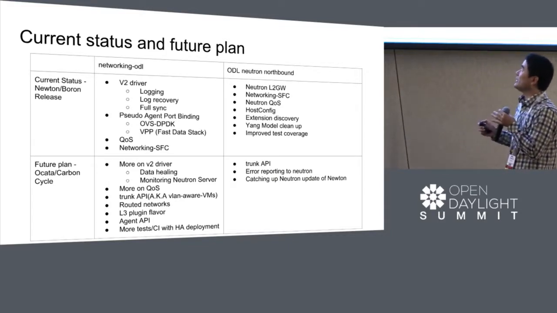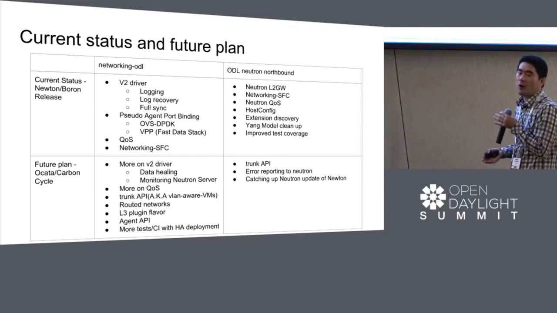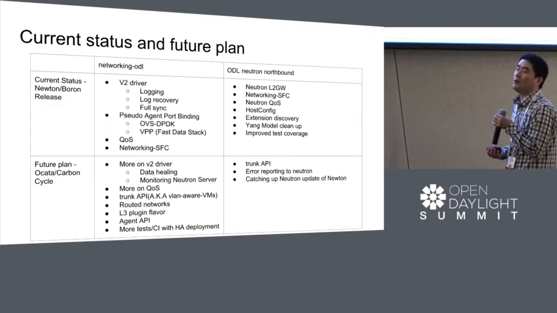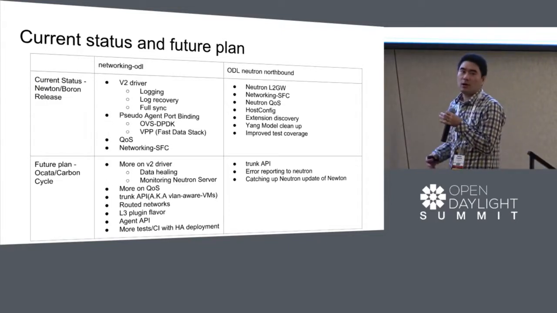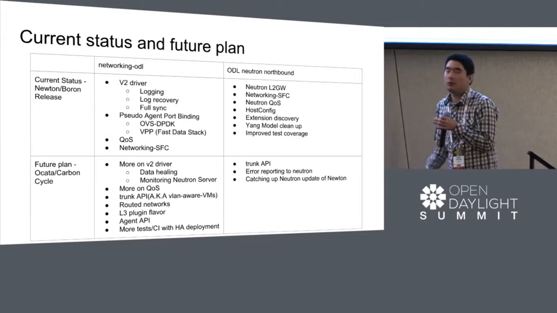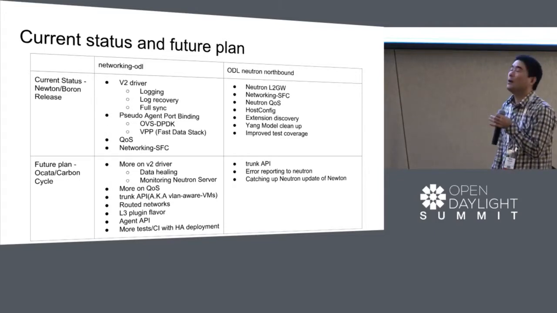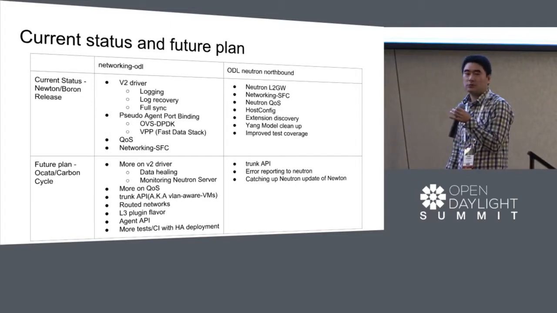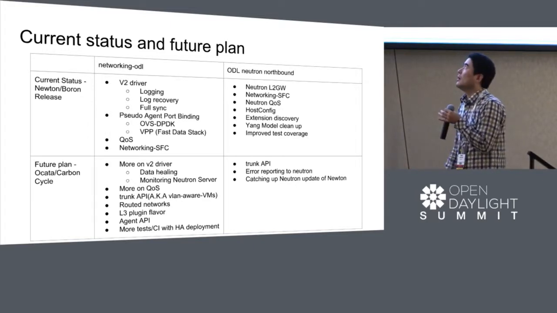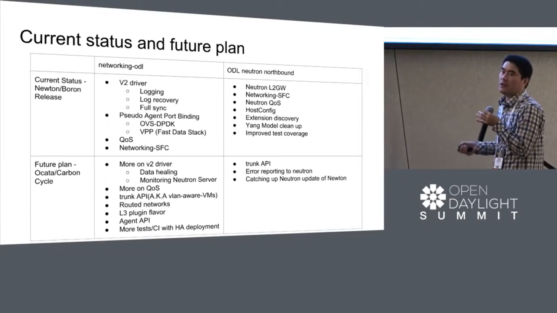Pseudo agent port binding is to support more networking and data path technology. Right now, only OpenVSwitch is supported, but we'd like to support DPDK-enabled OVS or VPP. There are also various kinds of data buses or software switching technology, so it generalizes the logic.